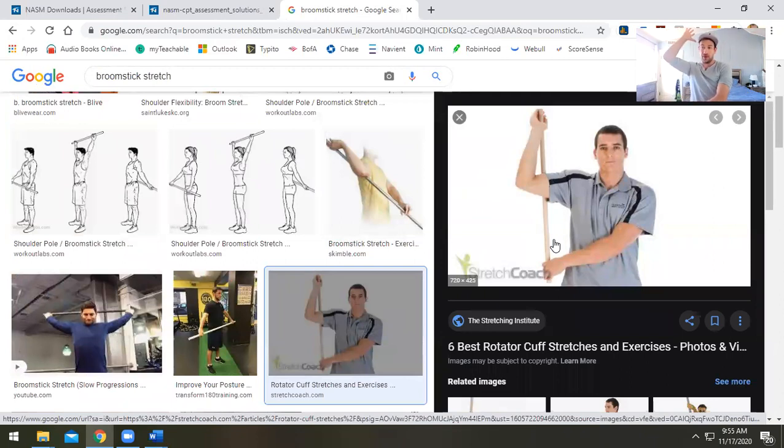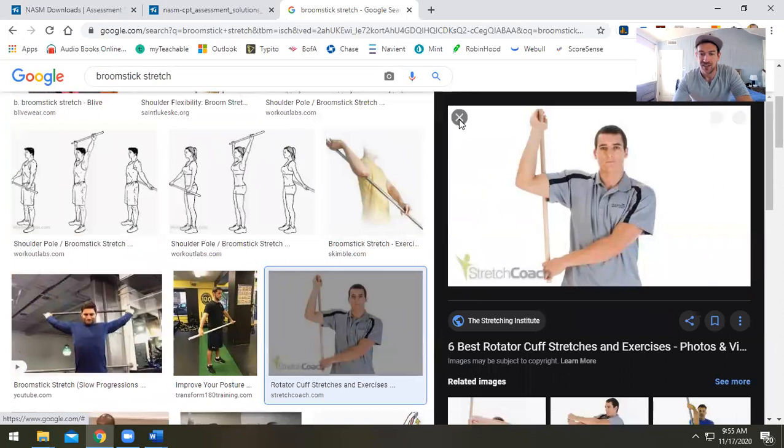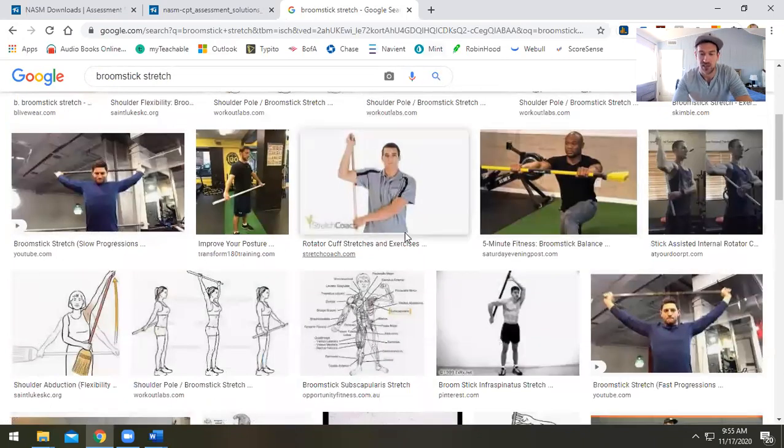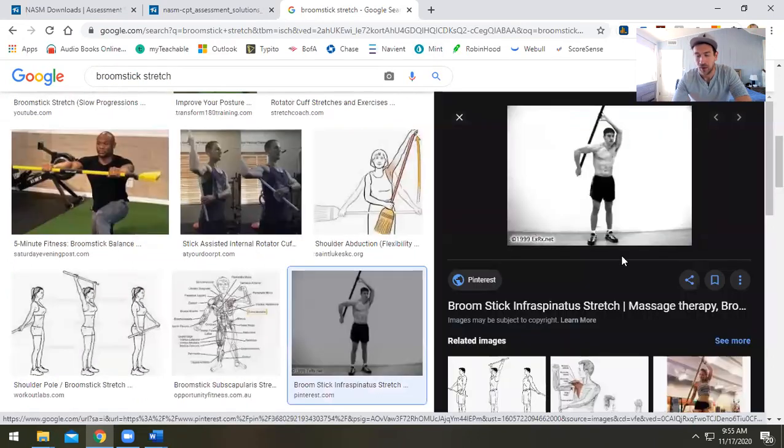He's going to pull from the bottom. He's going to pull it forward. Meanwhile, he's grabbing it like this. So that's going to cause his arm to go into external rotation. It's a good teres major stretch. I like this stretch. It's not very practical in a lot of gym settings just because you're not always going to have a broomstick available. But that can be a really good external rotation.